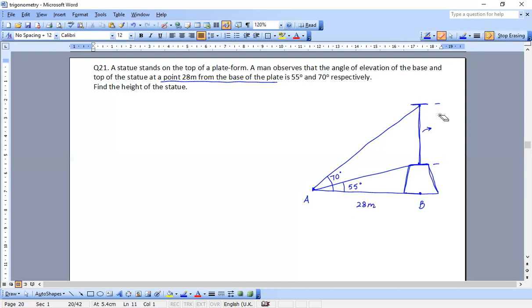So what I'm doing, I'm going to draw a clearer picture. I'm removing this now, removing this as well, and I'm joining this to the bottom straight away. Make it a little more clearer.